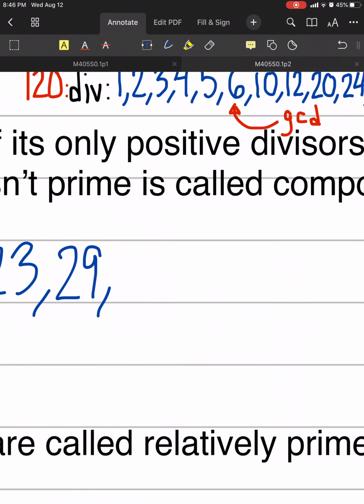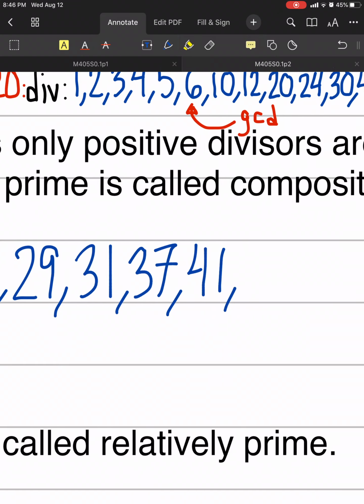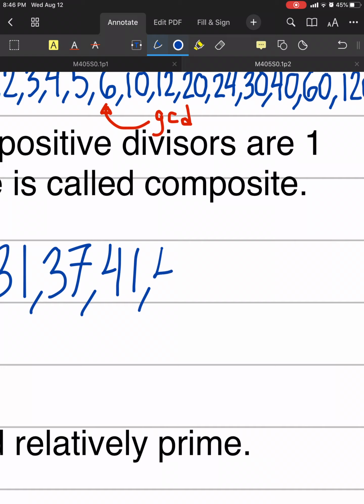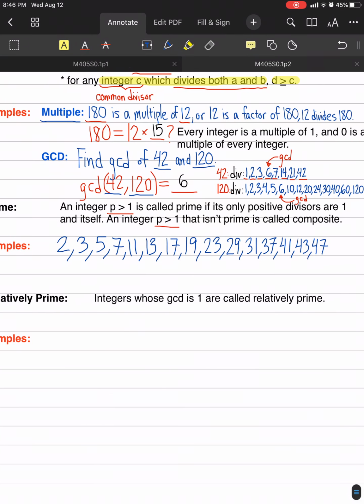Then 31. Then 37. Then 41. 43. 47. And I think I'll stop there. That's good enough. That's all the primes less than 50.